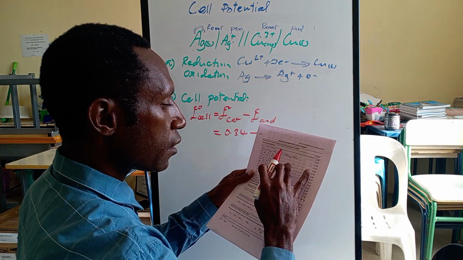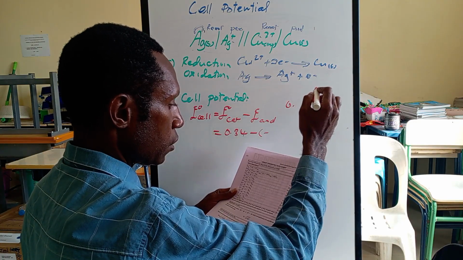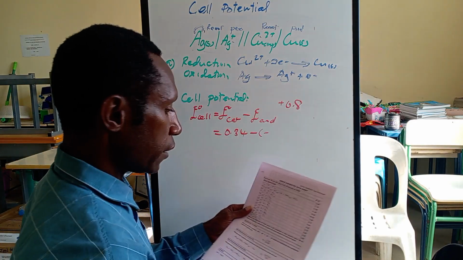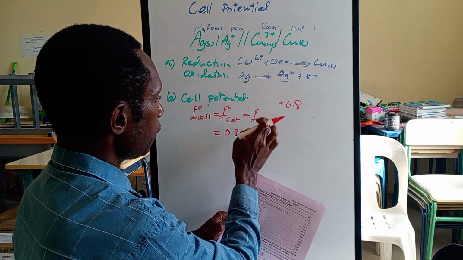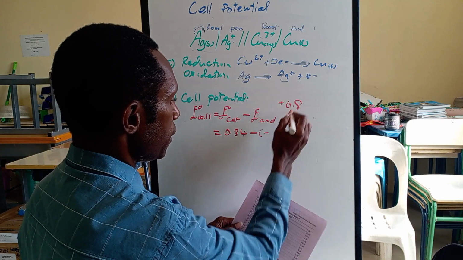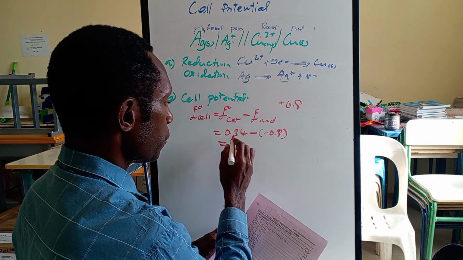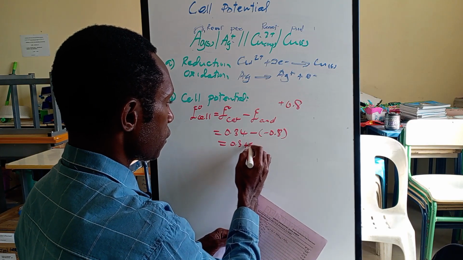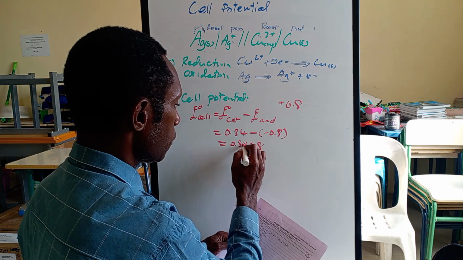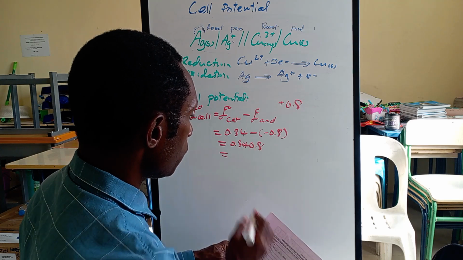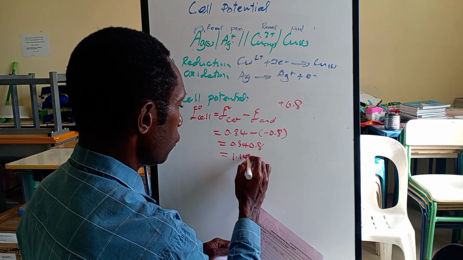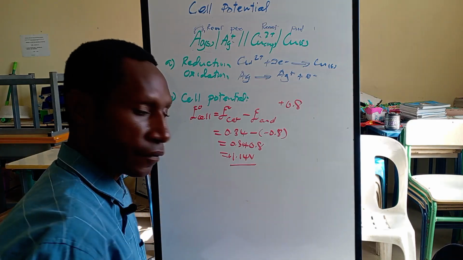The value here is 0.8. It's positive, that's for reduction. But when you look at oxidation for silver, it will be -0.8. So 0.34 plus 0.8, we should get 1.14 volts, and it's positive.